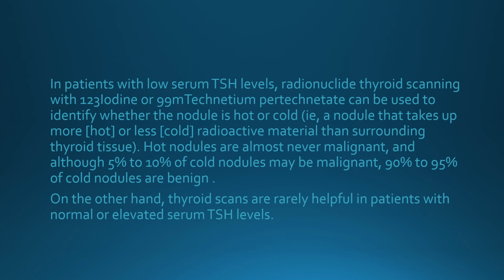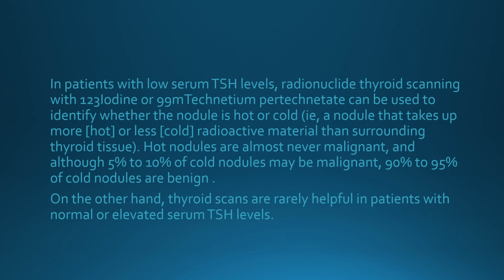In patients with low serum TSH levels, radionuclide thyroid scan with 123 iodine or 99m-technetium pertechnetate can be used to identify whether a nodule is hot or cold. Hot nodule takes up more radioactive material than the surrounding thyroid tissue, whereas cold nodules take up less radioactive material than surrounding thyroid tissue.